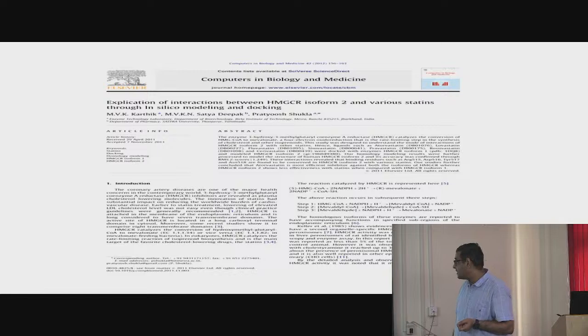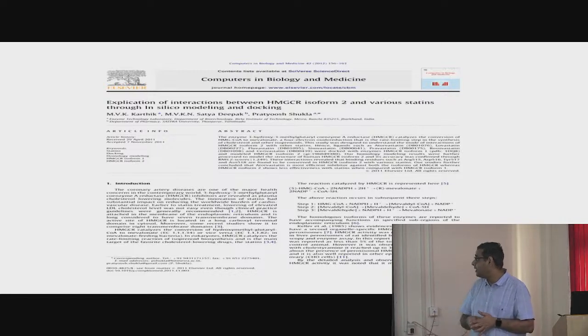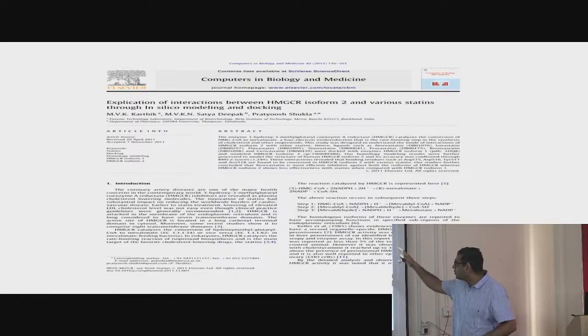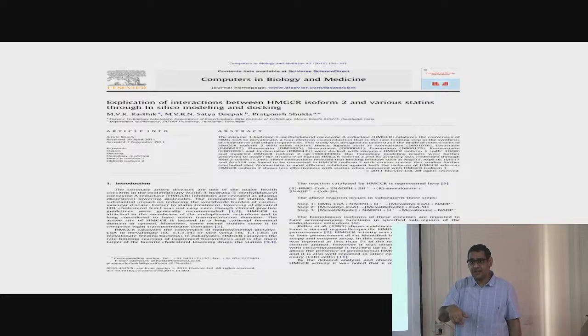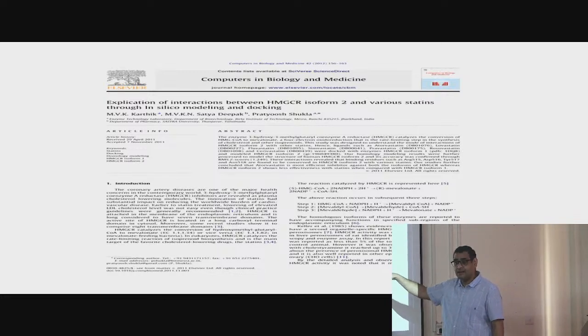When we published this paper, you can read the full paper. I am not going into detail because of the limited time we have. This is a 2012 paper, you can see here, and it is 2025 now. Still people are citing this paper.